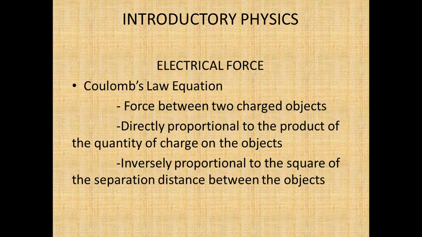So Coulomb's law equation states that the force between two charged objects is directly proportional to the product of the quantity of the charge on the objects. Okay, so you're going to take the charge on one object, the charge on the other object, and you're going to multiply them.